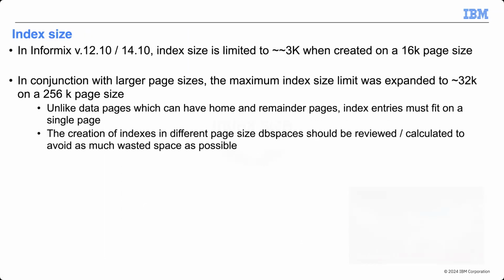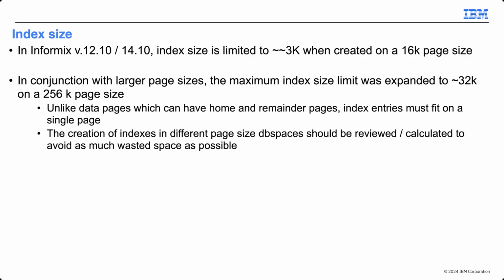Index size. So again, it's now 32 kilobytes, upgraded from the original limit of 3 kilobytes. Unlike data pages, which can have home and remainder pages, an index entry has to be fully stored within the page to which it is written.